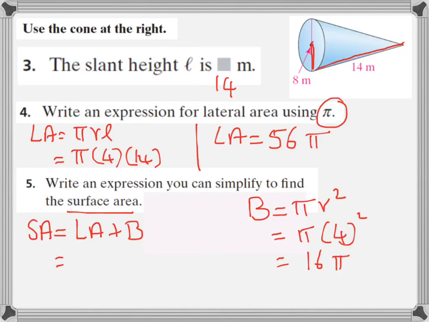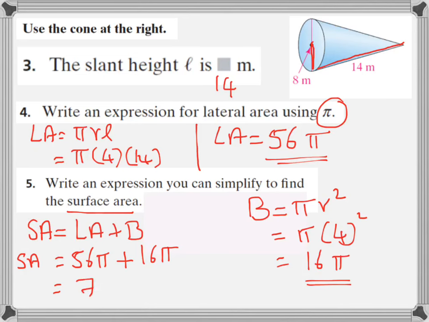So SA is equal to LA, which we found out to be 56 pi, plus B, which is 16 pi. Are they like terms? 56 pi plus 16 pi. Can we add them? Yes, we can. If you simplify, 56 pi plus 16 pi is 72 pi.